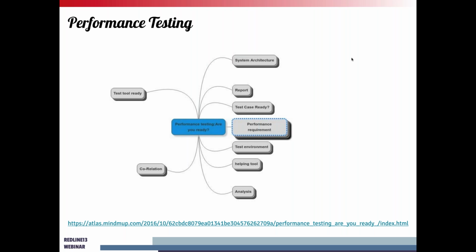But for the beginning of performance testing, you should know what actually you need to do or what you are going to do. So that is why, from the beginning, first of all, you need to define the performance requirements based on your request, based on your user. You need to define how users are going to interact with the system. You need to define what are the steps users used to do, what are the important scenarios users used to perform.